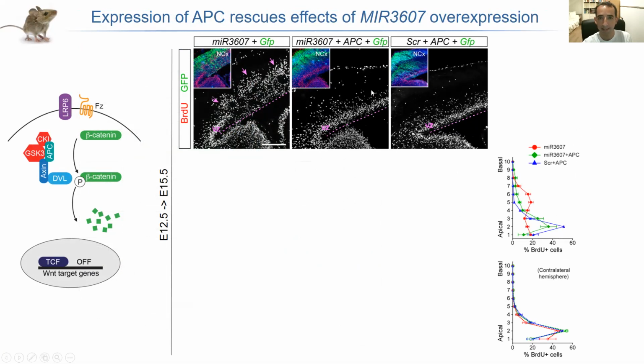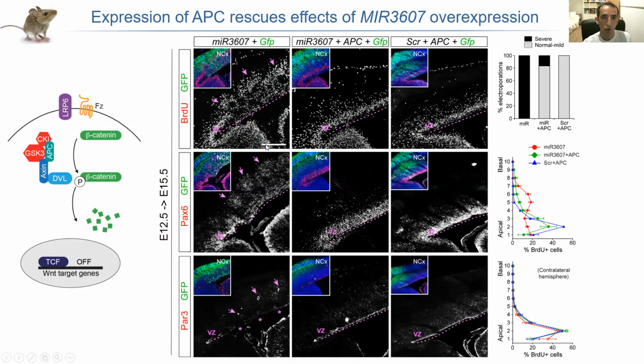And in fact, that's exactly what we found, that co-expressing both will completely rescue this mislocalization of apical radial glia cells incorporating BRDU, and they're back localized to their normal location here in apical positions, as we find in a control situation where expression of this excess of APC has absolutely no effect. We find this to correct not only the position of BRDU incorporating cells, but also the position of radial glia cells expressing PAC6, which are not localized basally anymore.